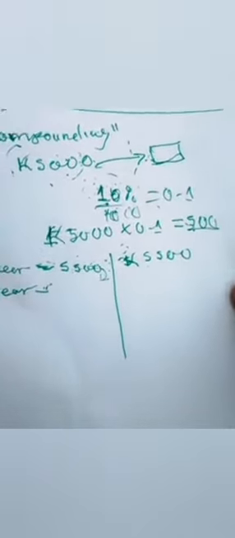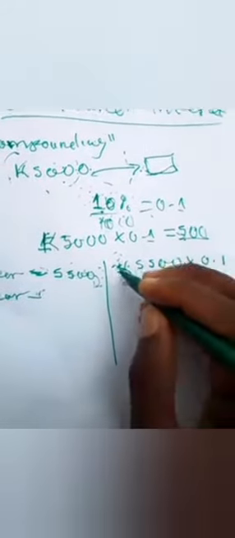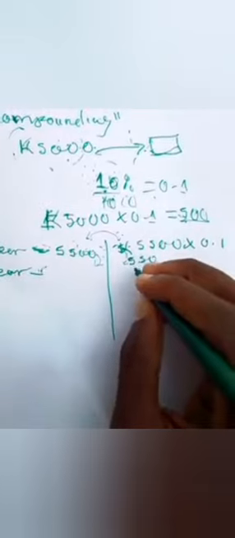This time it is going to again increase by 10%, so 5,500 times 0.1 will give me 550. So 550 is going to be added on top of the initial amount of the year, and that's going to be 6,050.